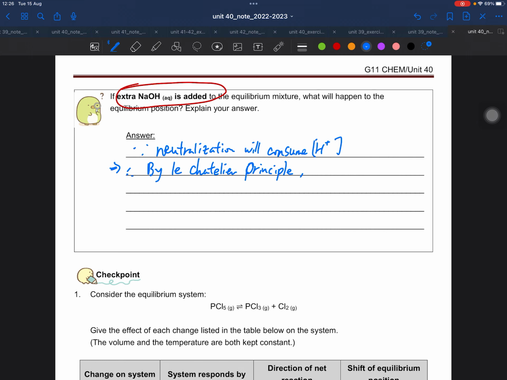So the system produces extra hydrogen ion to compensate the loss. Equilibrium position will shift to left.